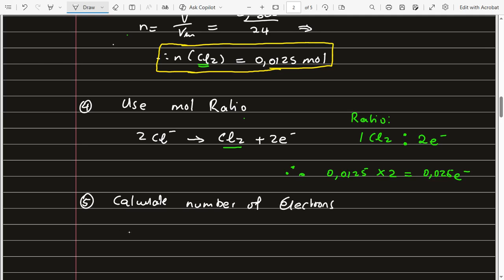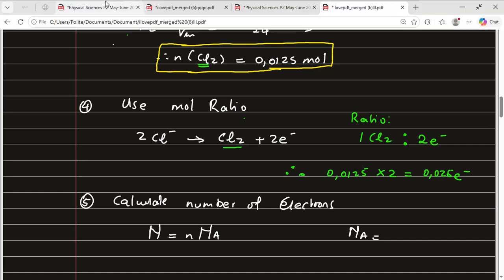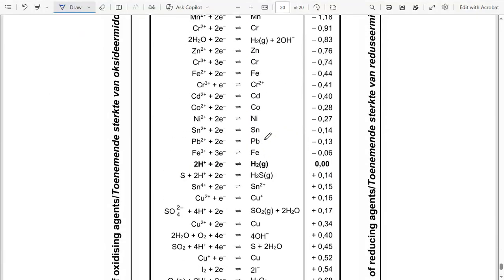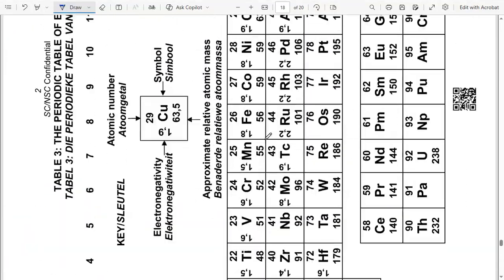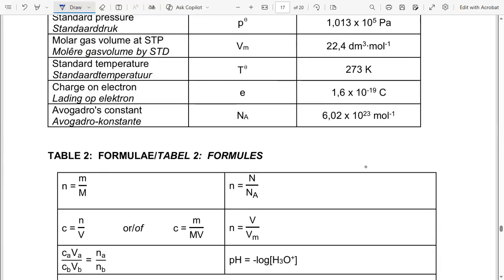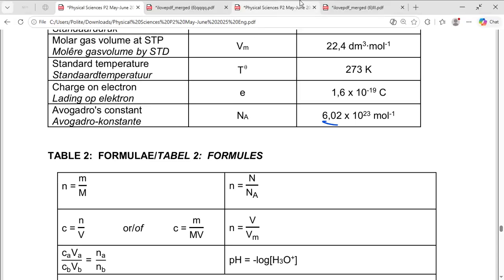To calculate the number of electrons, the formula goes like this: N is equal to small n times Na. This Na, they'll definitely give it to you on the formula sheet. Let's quickly look for that Na. What is Na? It's a constant of 6.02 times 10 to the power 23.